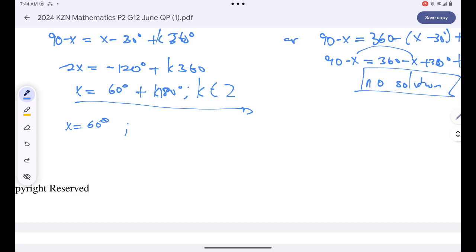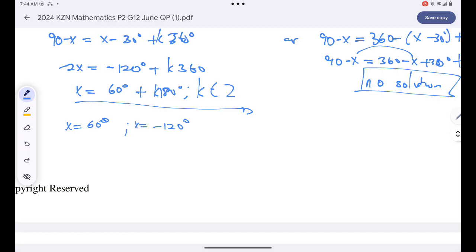That's the first solution I have. Secondly, when k is equal to negative 1, I'll simply have 60 minus 180, which will just give me negative 120 degrees as my other solution.